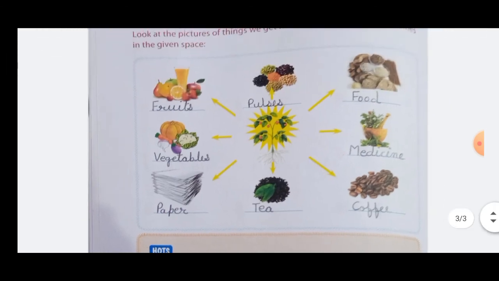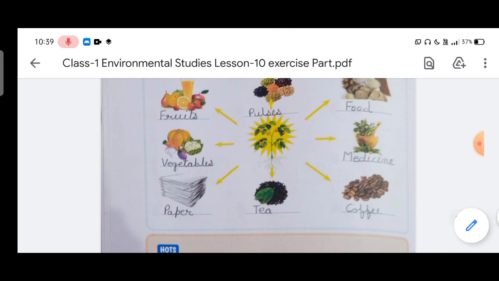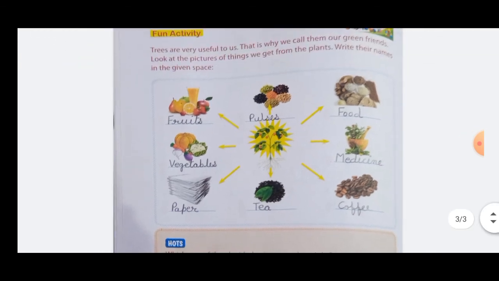Fun activity. Trees are very useful to us. That is why we call them our green friends. Look at the pictures of things we get from the plants. Write their names in the given space. Number 1, fruits. Next, pulses.